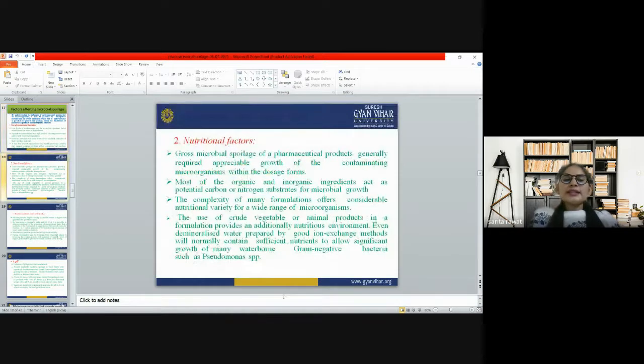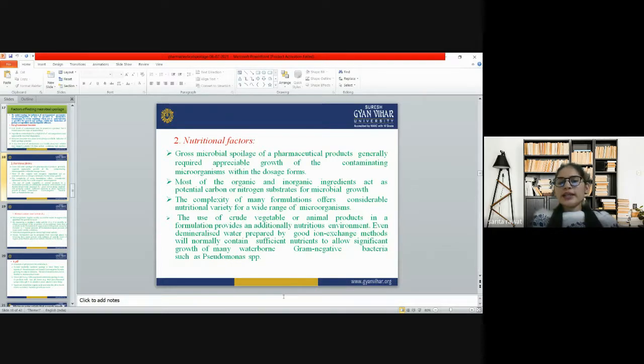Now, the next factor is the nutritional factor. Gross microbial spoilage of a pharmaceutical product generally requires appreciable growth of the contaminating microorganisms within the dosage form.